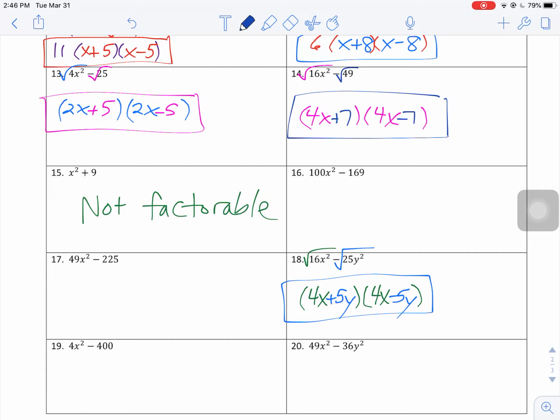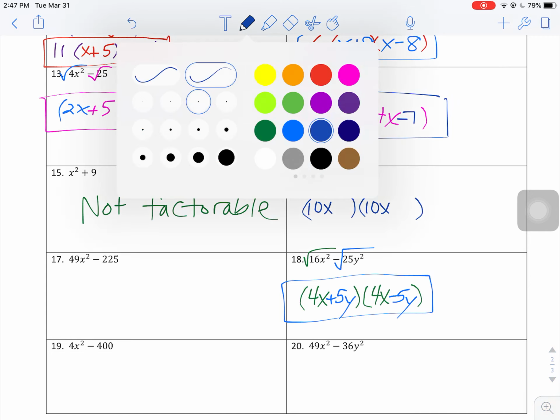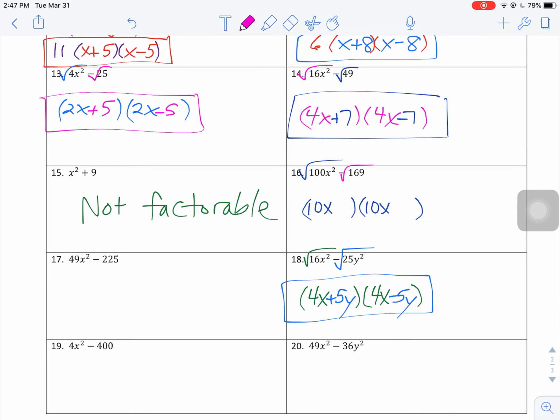No. Is it subtracting two perfect squares? Yes. So square root of 100x squared is 10x. Square root of 169 is 13. Make one positive, make one negative.